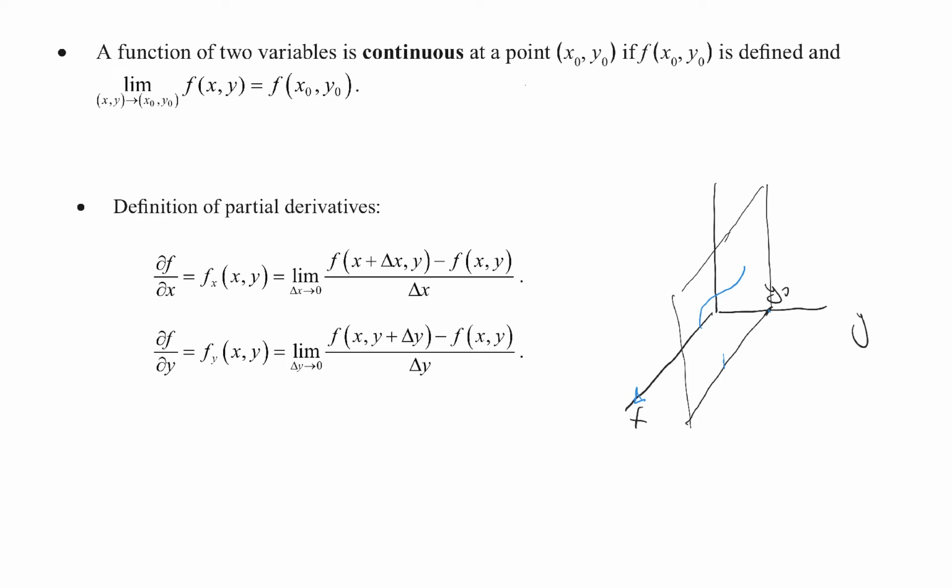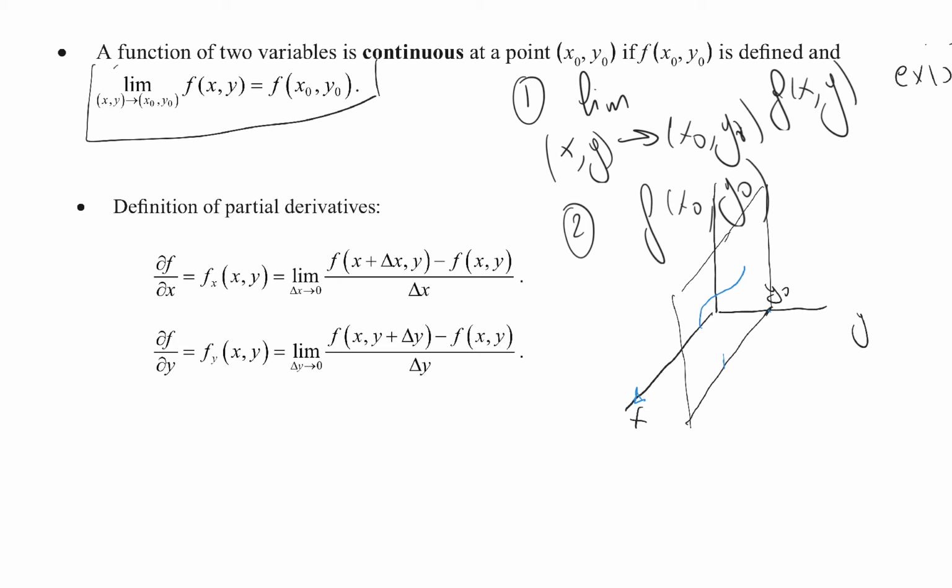The first condition is that the limit when x, y approach the point x0, y0 by any path of f of x, y exists. The second condition is that f of x0, y0 exists. And the third condition is that the limit when x, y tends to x0, y0 of the function is exactly the value of the function at the point x0, y0. This is continuity.